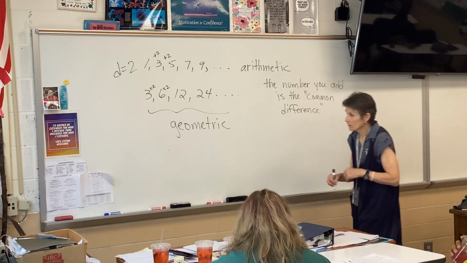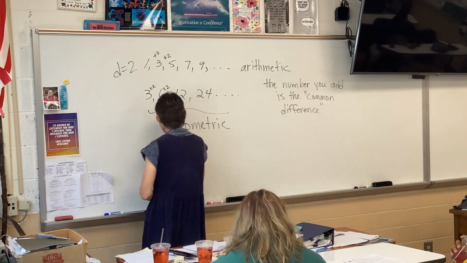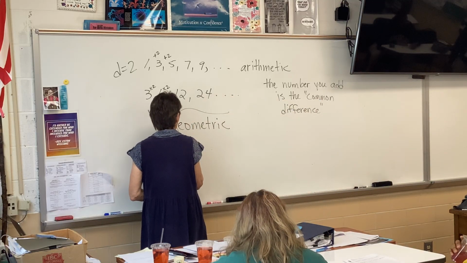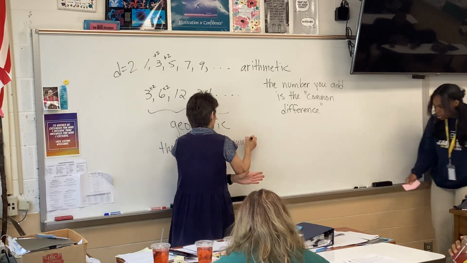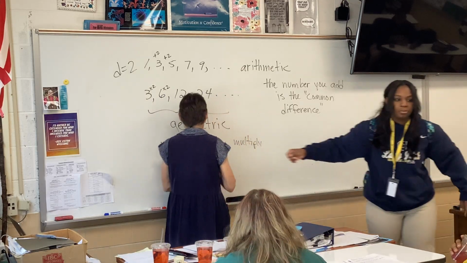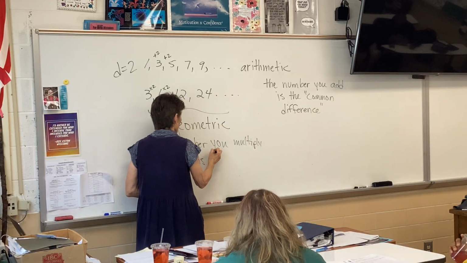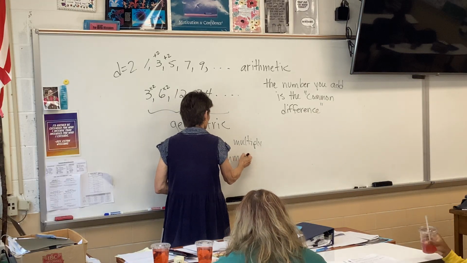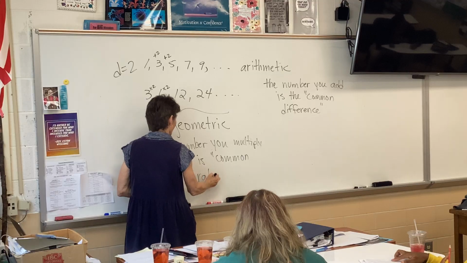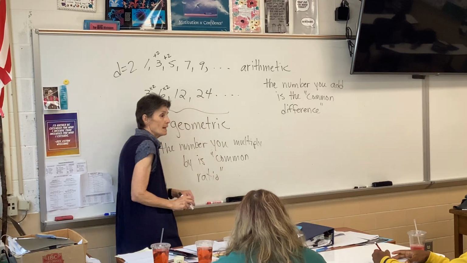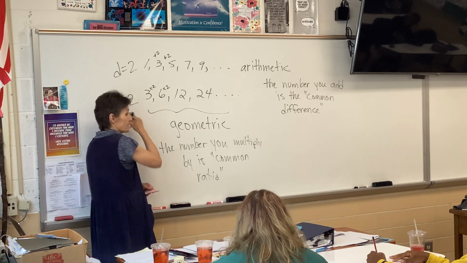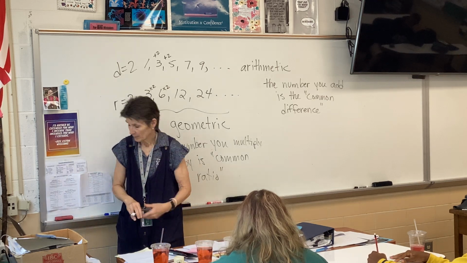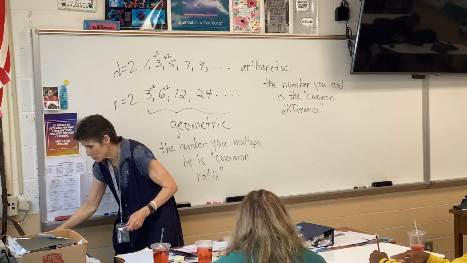The number that you multiply by is called the common ratio. And in our formula, you'll see the letter R. That stands for ratio.